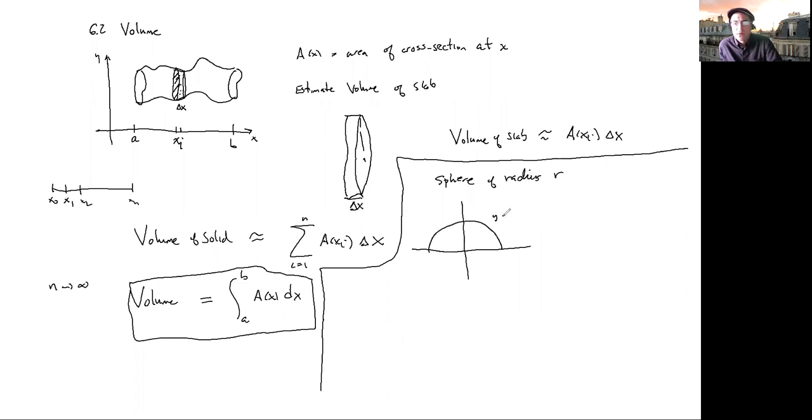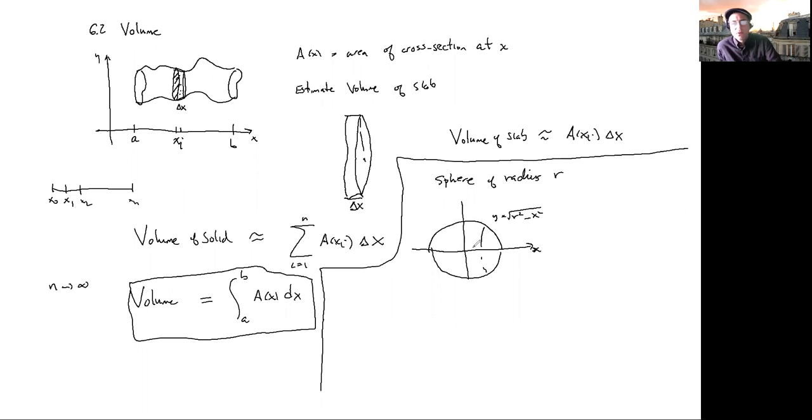So that's y equals the square root of r squared minus x squared. And we rotate it around the x-axis. So I'm going to do a solid of rotation, that's called. And when we rotate, we get a sphere of radius r. So this is called a solid of rotation of a curve.